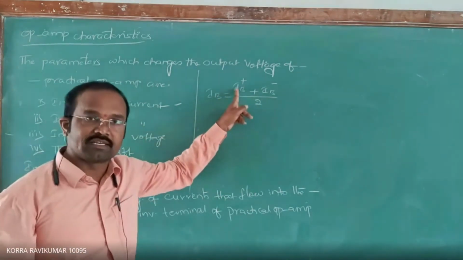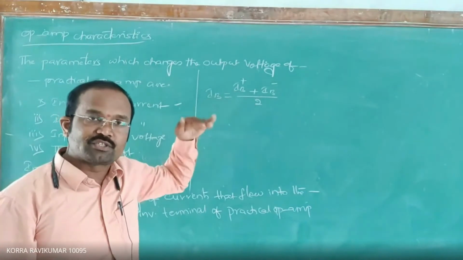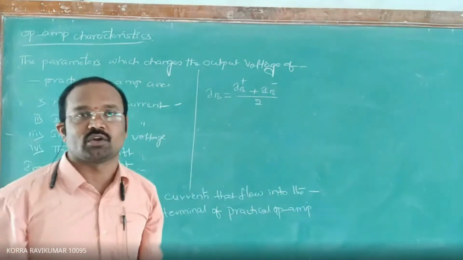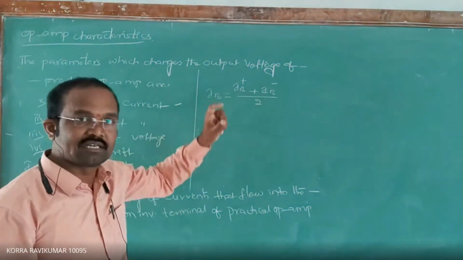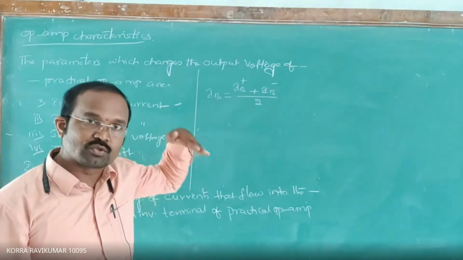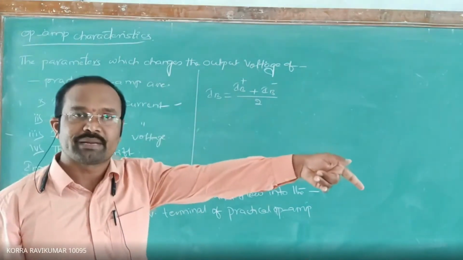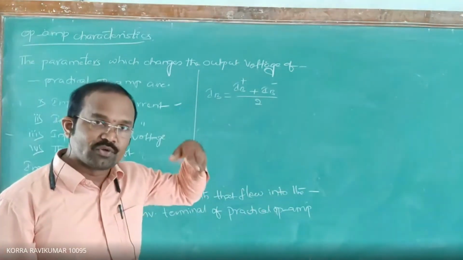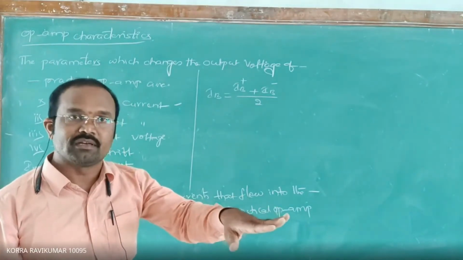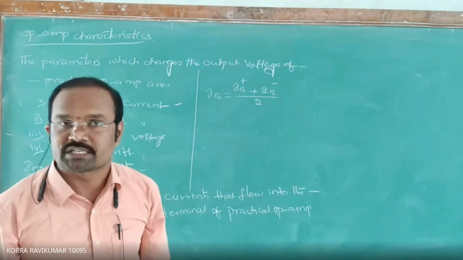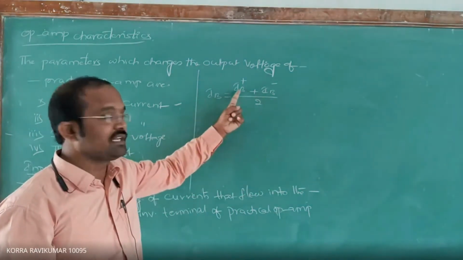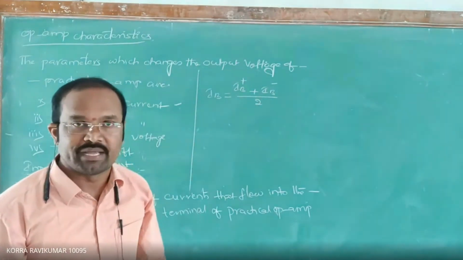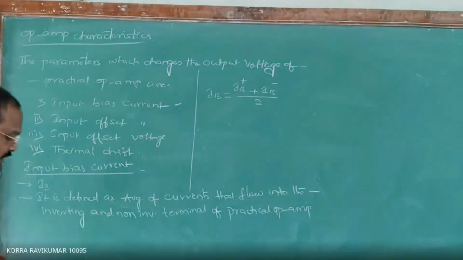IB plus is the bias current which flows through the non-inverting terminal into the practical op-amp. IB minus is the current which flows through the inverting terminal and enters into the practical op-amp. The average of the non-inverting current and inverting current is nothing but the input bias current.